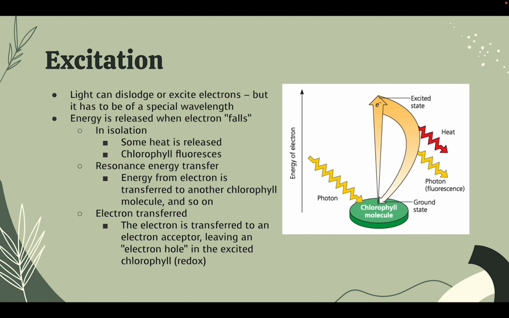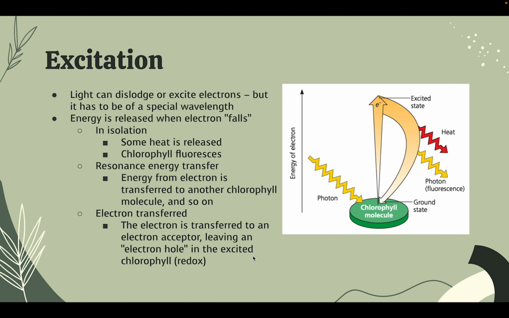However, in plants, they use something called resonance energy transfer, where the energy from that electron falling, instead of making heat or light, gets transferred to another chlorophyll molecule, and it makes a chain like that until it eventually reaches here, where the electron is transferred to an electron acceptor.